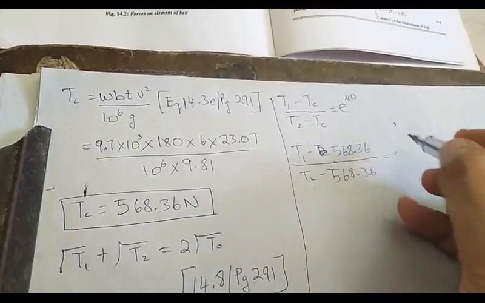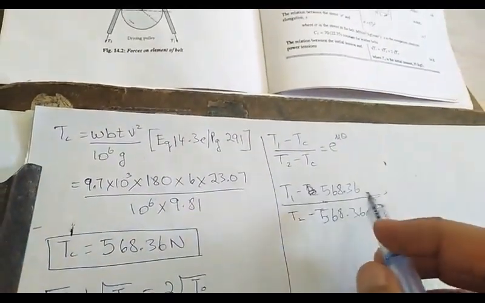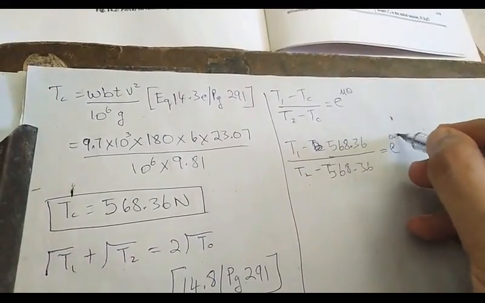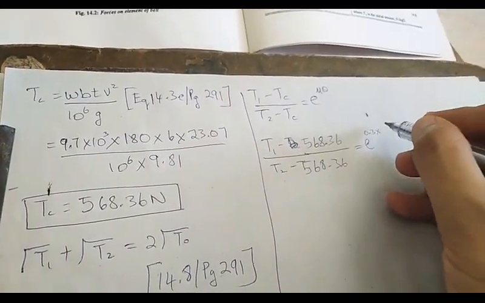For e power mu theta, we can directly substitute e power 0.3 into theta, which is 3.09.